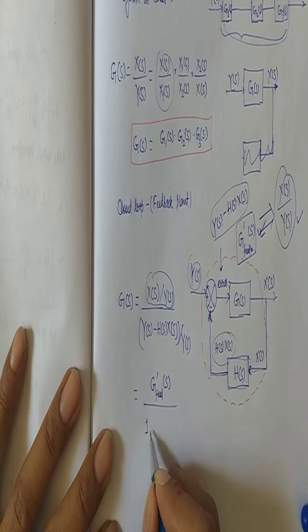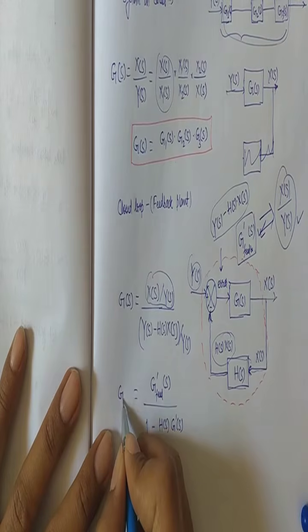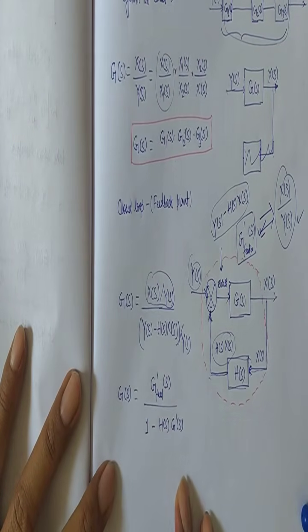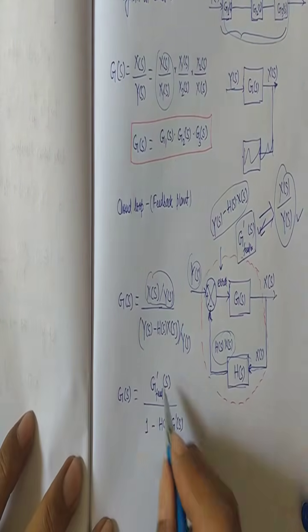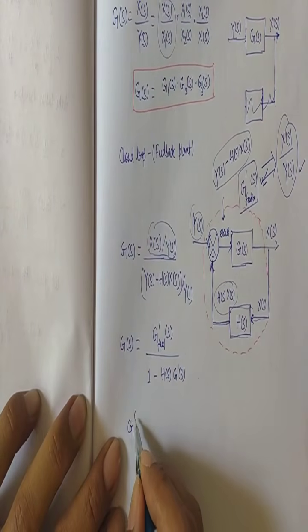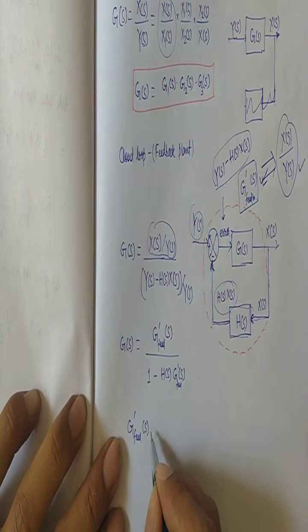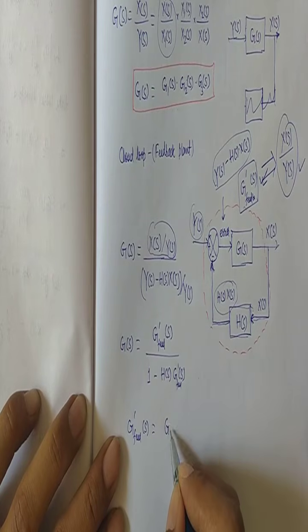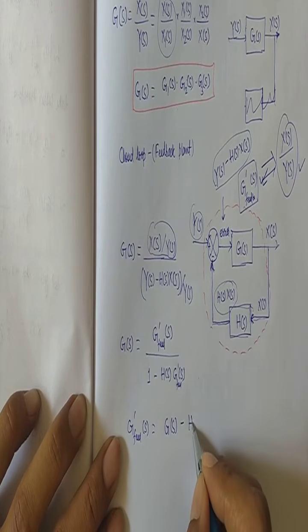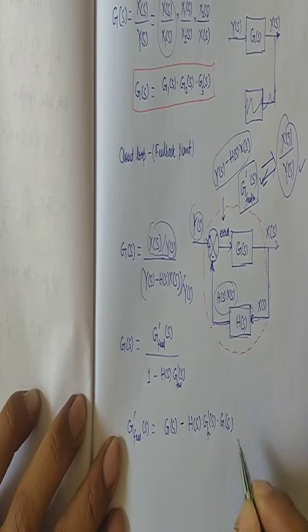And this is 1 minus HS times XS by YS, which is G dash S, and this is your open loop plant. So we can actually write in terms of G dash. G dash feedback S is equal to GS minus HS times G dash feedback times GS, I can write.